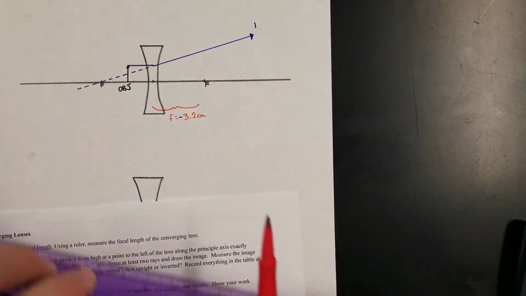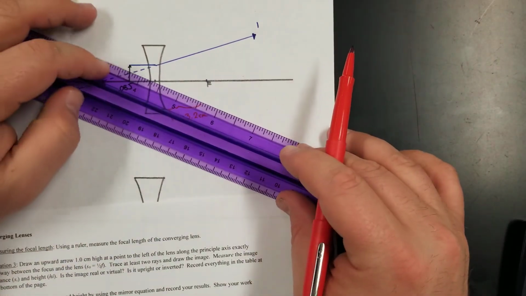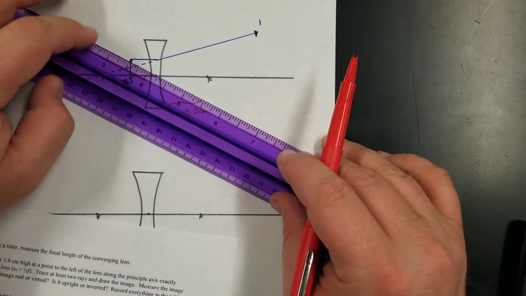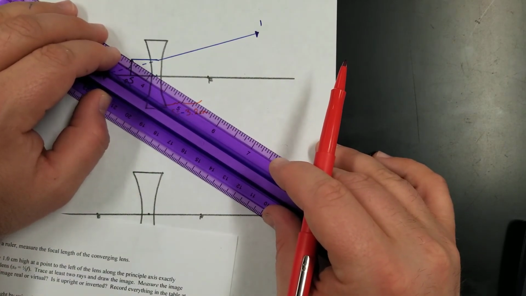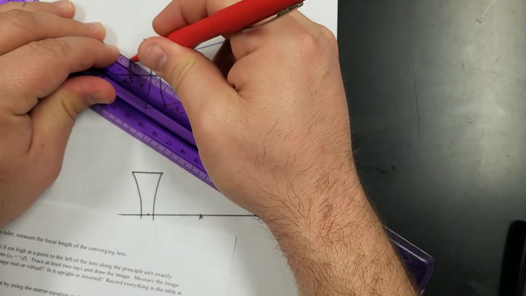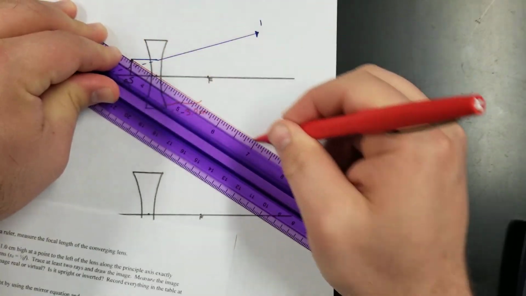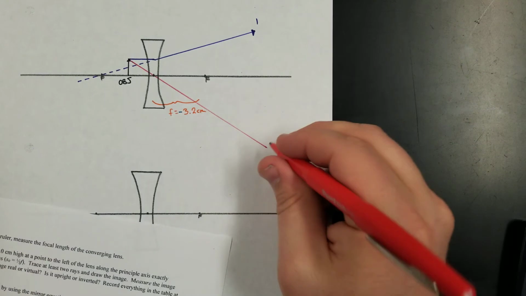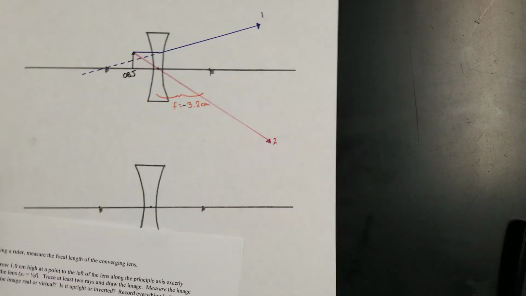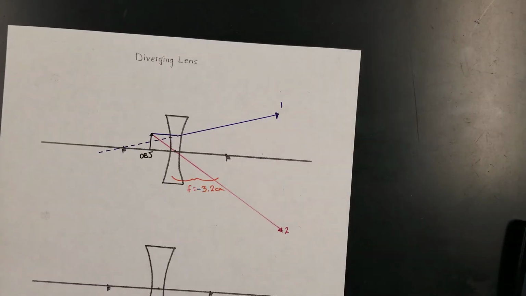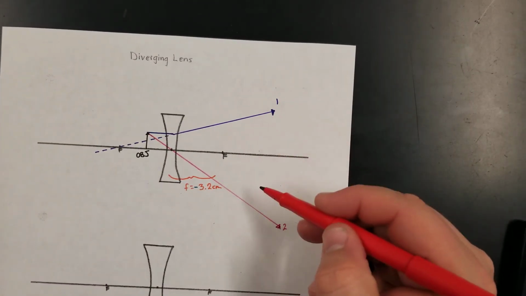Ray number 2 is still the same. Ray number 2 for lenses is easy. We simply line our ruler up with the center, and there we go. There's ray number 2. Just like before, notice that those rays are diverging from each other.